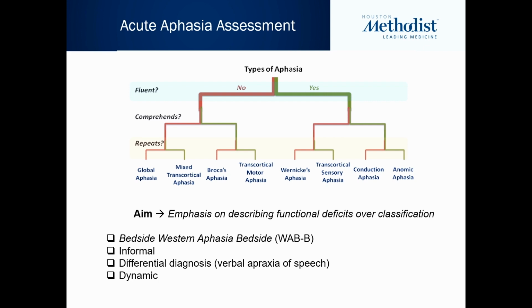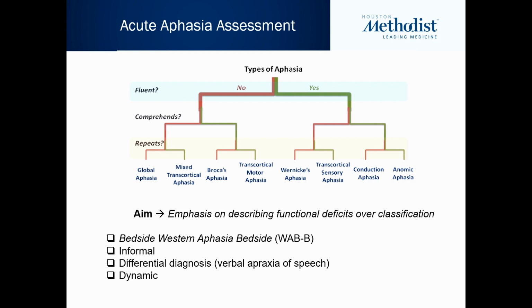Especially in the acute care phase, these folks look different from day to day. I might see a patient who's globally aphasic on Monday, and I come back Tuesday afternoon and I'm revamping a whole new evaluation because that patient is continuously, spontaneously improving. So really describing what the language impairments are and what they can do well to compensate.